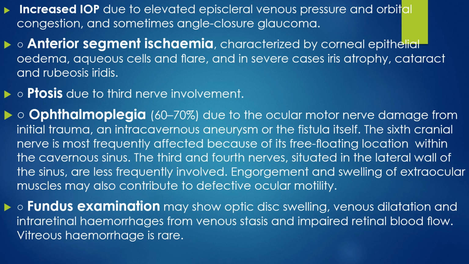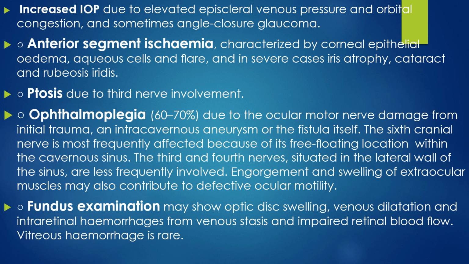The sixth cranial nerve is most frequently affected because of its free-floating location within the cavernous sinus. The third and fourth nerves situated in the lateral wall of the sinus are less frequently involved. Engorgement and swelling of the extraocular muscles may also contribute to defective ocular motility.